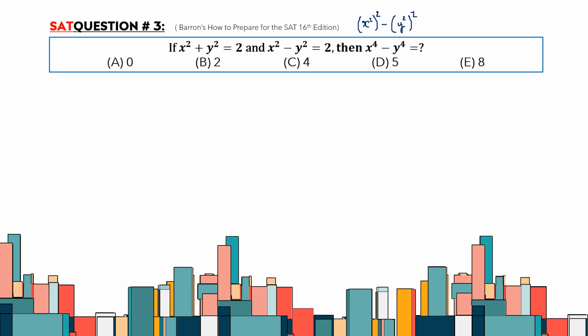Remember, we still have a plus b multiplied by a minus b equal to a squared minus b squared.